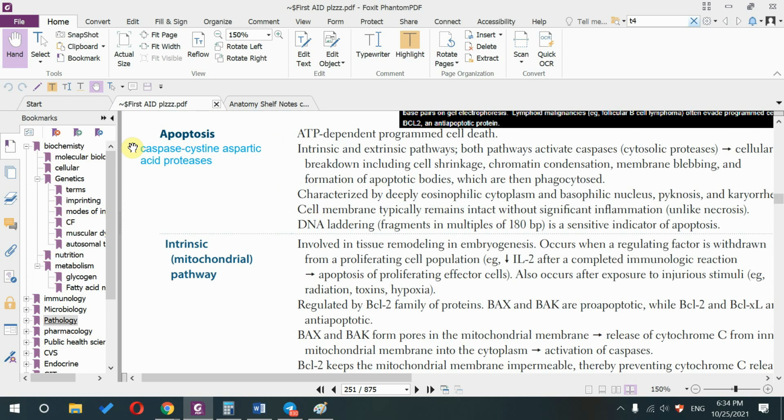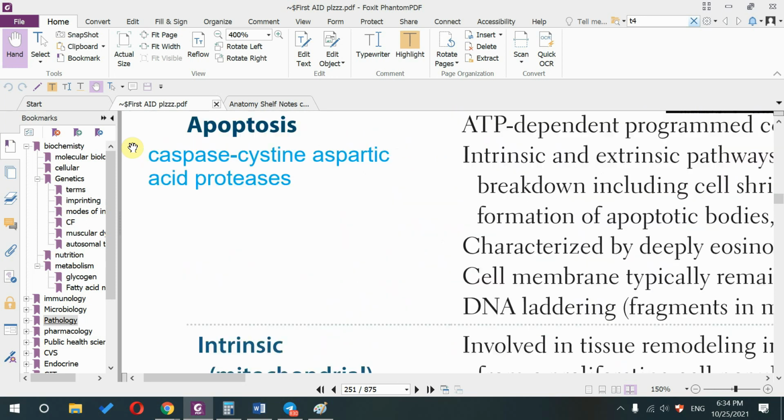Okay, so I want you to know one word. Remember the caspases, I told you that they are super important. Sometimes in the USMLE they realized that students know what these caspases are and how they work, and since the students know that, they decided to give them another name. Why do they give another name? To confuse you guys. So look here.